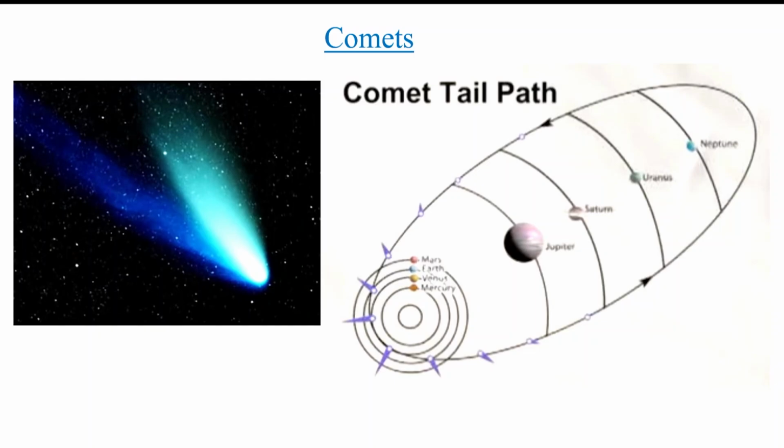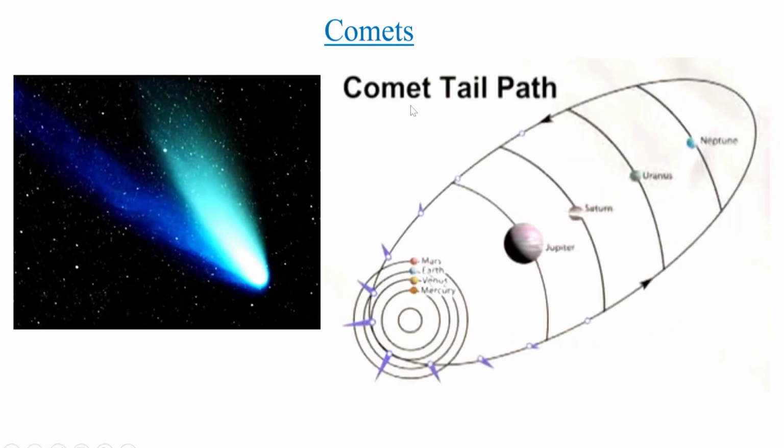So once the comet enters or crosses the orbit of Jupiter in its movement towards the sun, it will have a tail. Again, after orbiting around the sun, when it is going out towards the edge of the solar system, it loses its tail. So that's how comets possess a tail. Far from the sun, there is no tail on any comet.